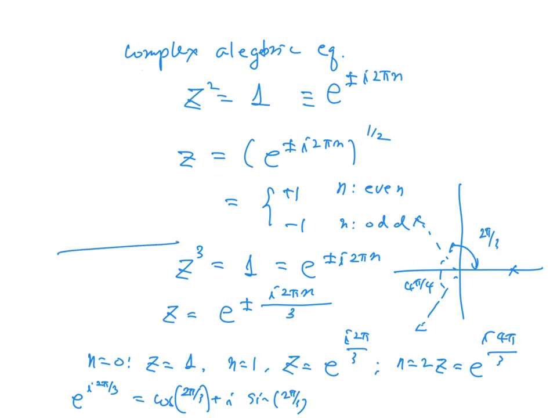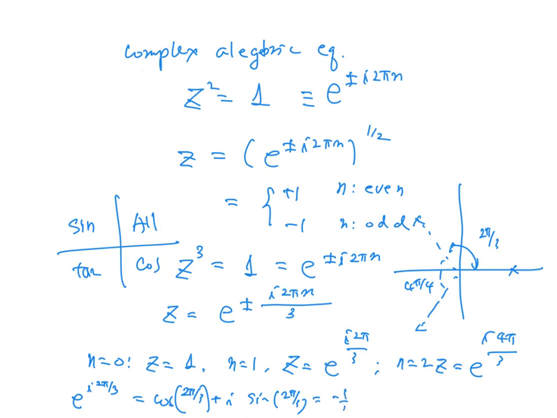So 2 pi over 3 is 120 degrees. So cosine 120 degrees is minus 1/2.